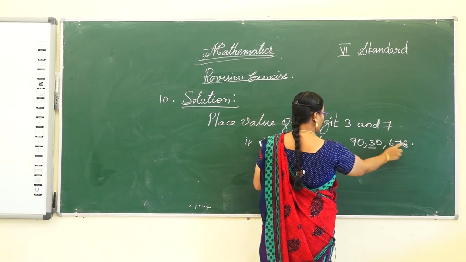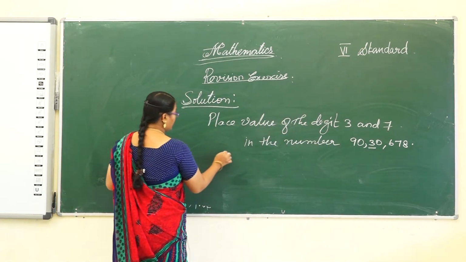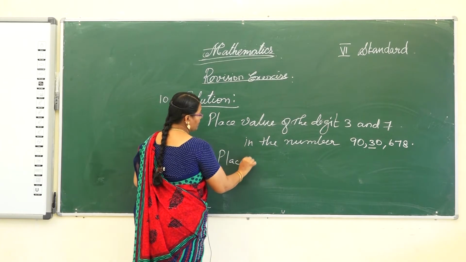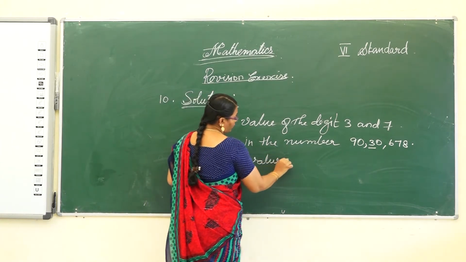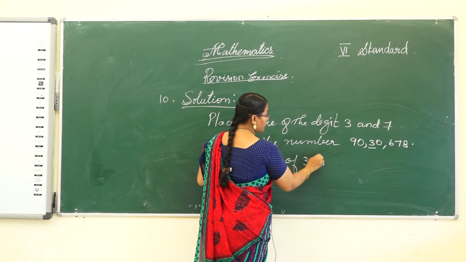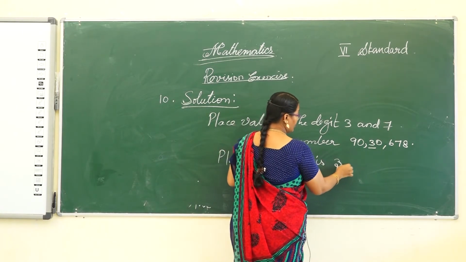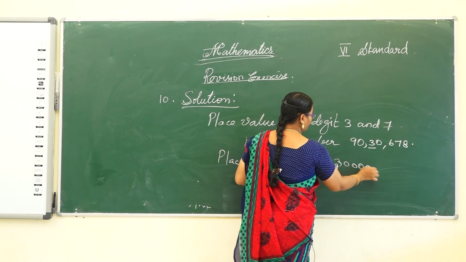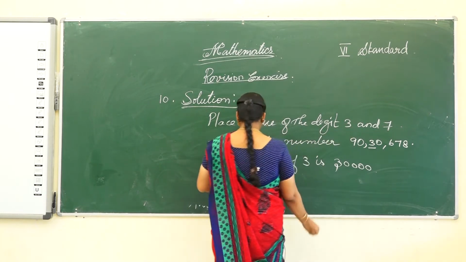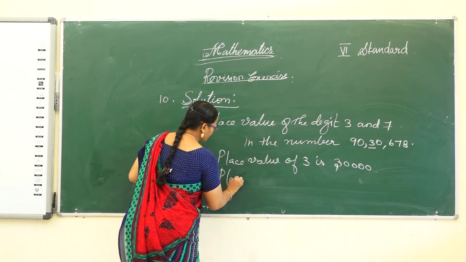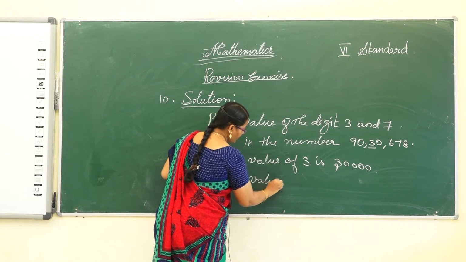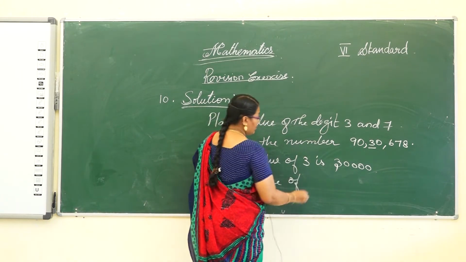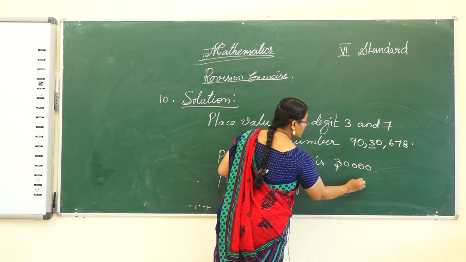What is the place value of 3? Place value of 3 is 30,000. And next, place value of 7 is 70.